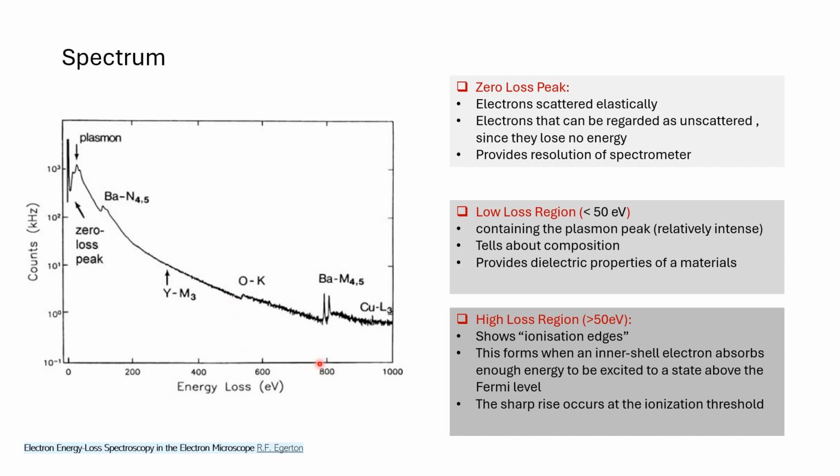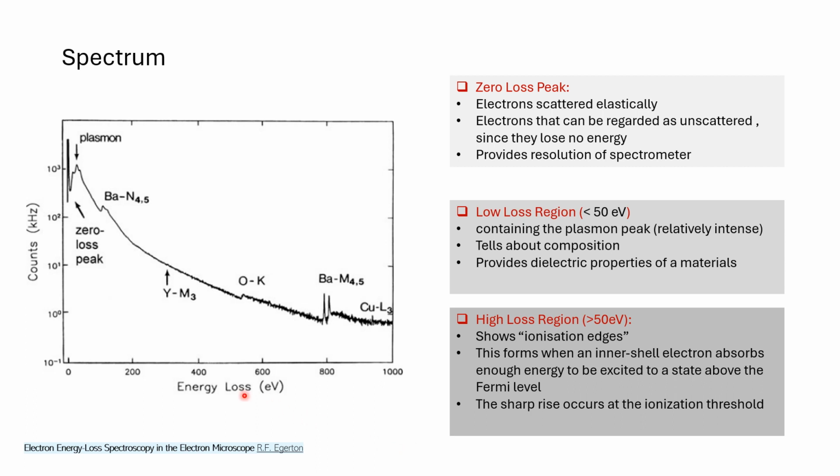The third region is the high loss region, which appears at greater than 50 electron volt, and here the electron intensity decreases rapidly. For this, the count scale is considered in logarithmic scale. It represents the inner shell excitations, and they form edges rather than sharp peaks.